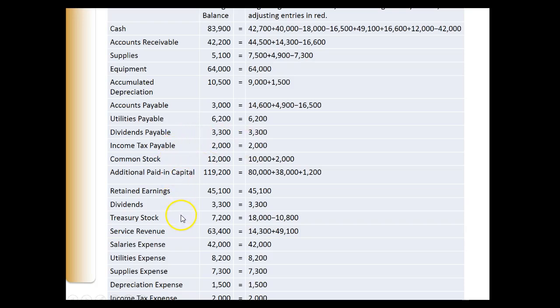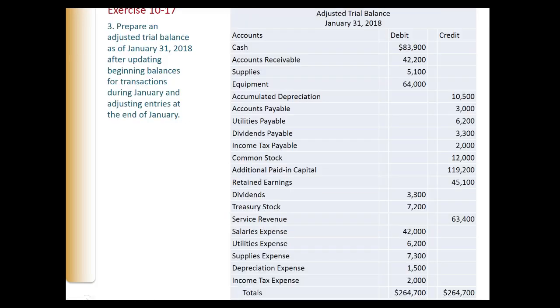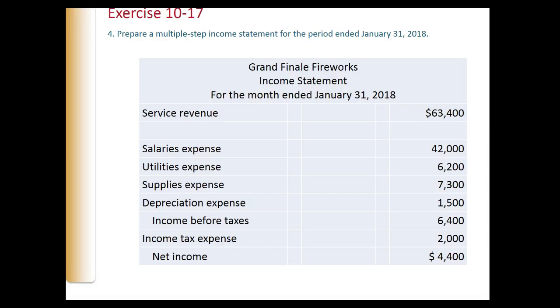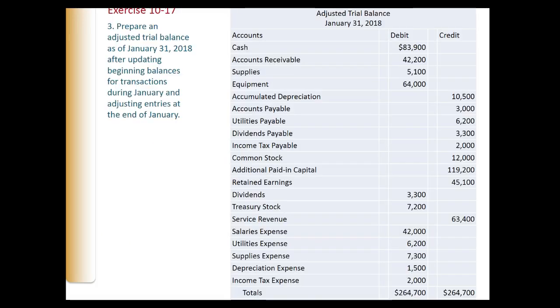Keep going down through this list and work through how we ended up with the adjusted trial balance. From there, we prepare a multiple step income statement. So if we look at the trial balance, we're going to take the items for the income statement.